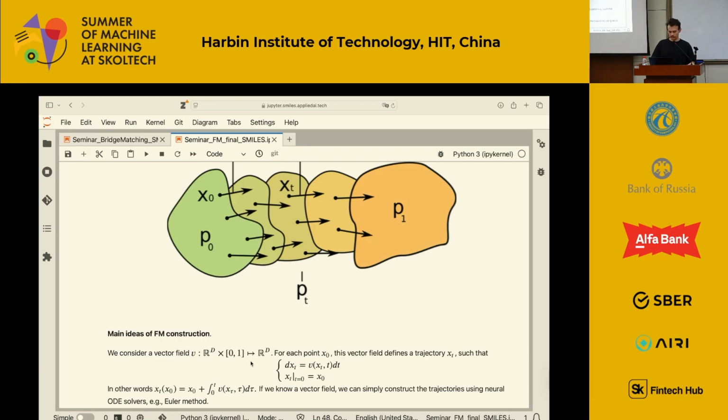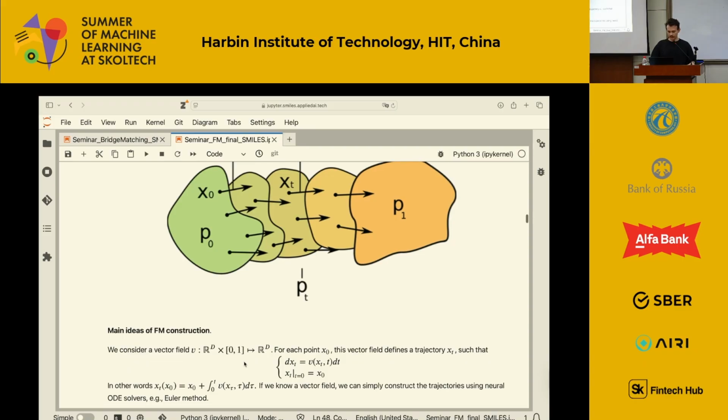This vector field will have a dimensionality of R^d times time to R^d, where R^d is our data, two-dimensional data in the toy case. For each point x0 that we start our flow matching from, we have this ordinary differential equation defined by this vector field V. By inferring this ordinary differential equation, we can get a sample from the distribution P1.